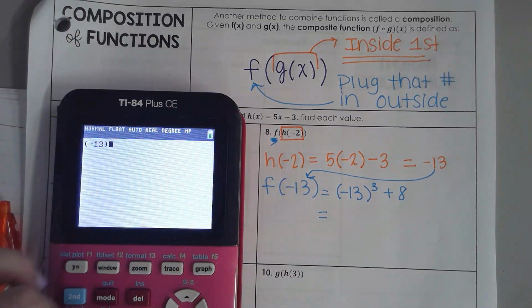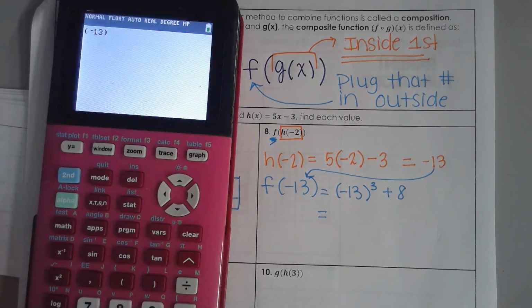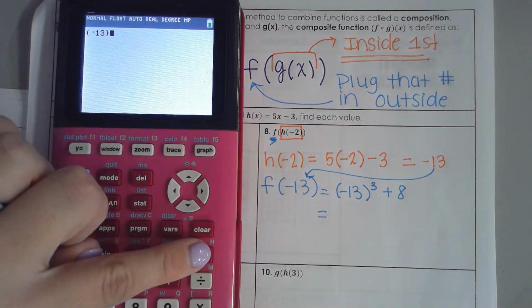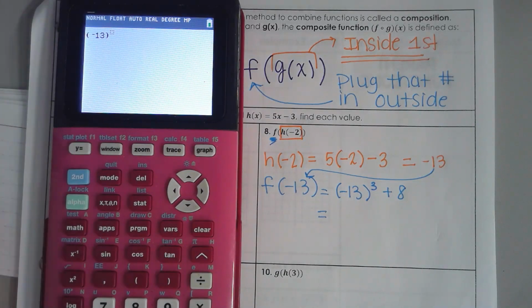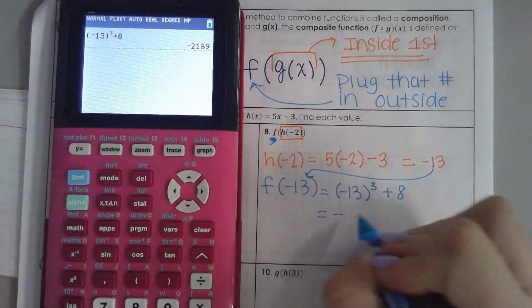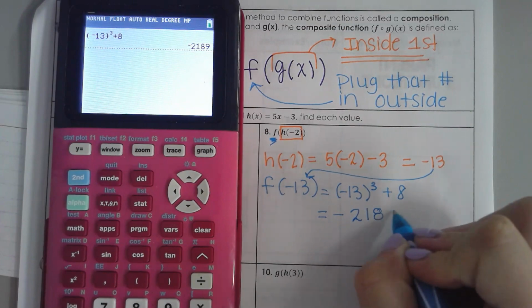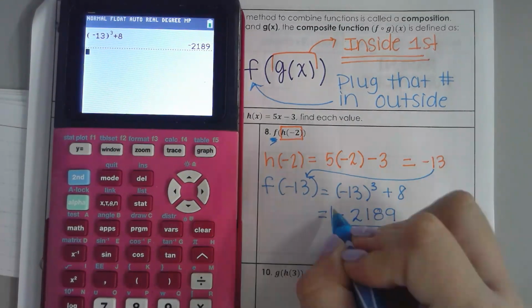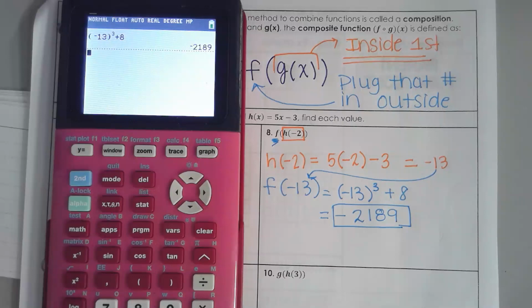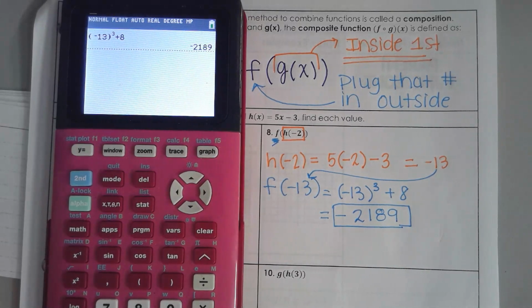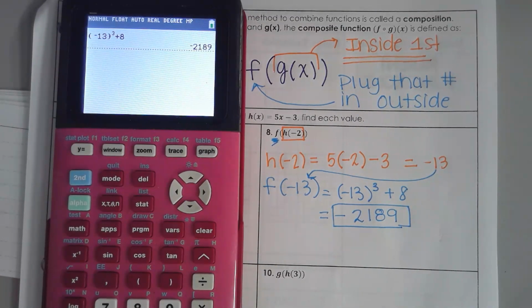To do an exponent, if you don't know, other than 2, this button right here above the divide sign lets you type in an exponent. And then you have to arrow outside of it. Plus 8. Negative 2,189 is your answer. And actually, that's a really small number, not a really big number. Any questions?